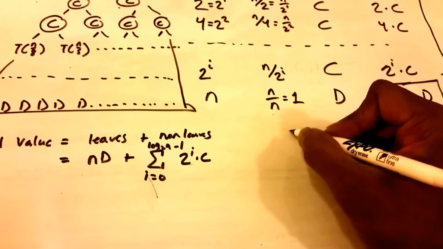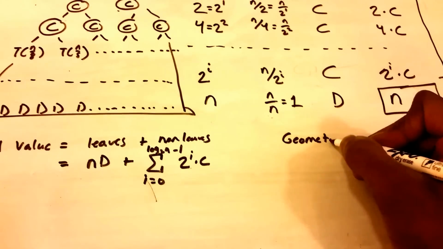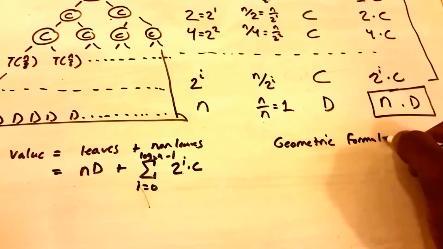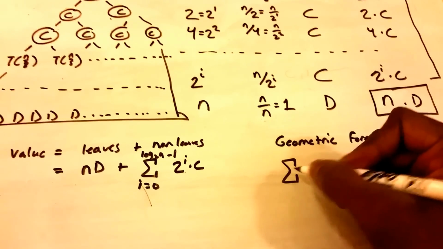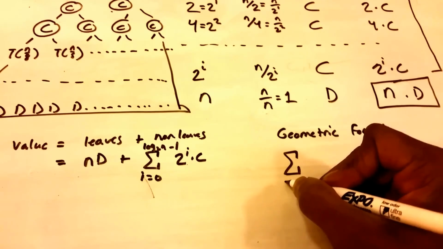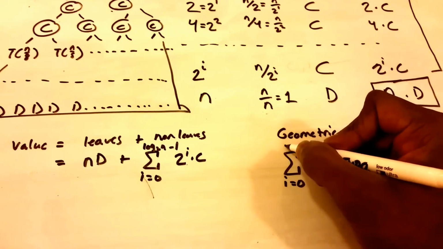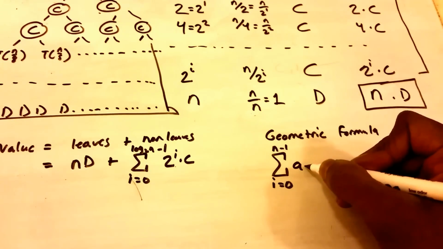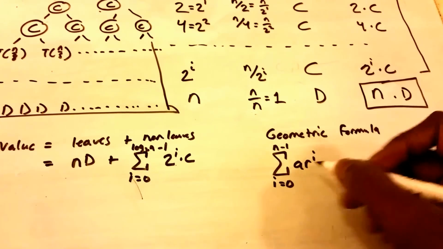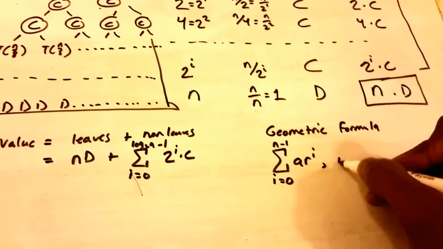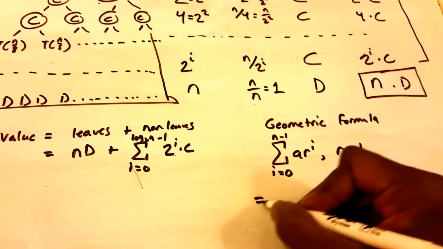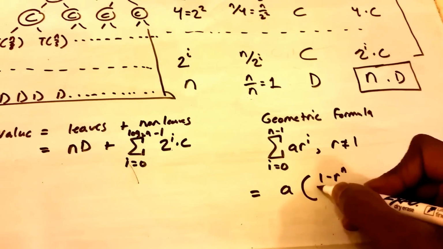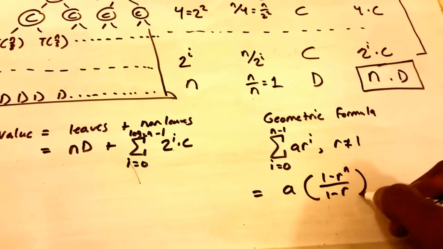Now, if you know your geometric sums, at least your geometric sum formula, then we can use that to rewrite this equation here. So the sum from i equals 0 to n minus 1 of a times r to the i, where r does not equal 1, is equal to a times 1 minus r to the n, all over 1 minus r.